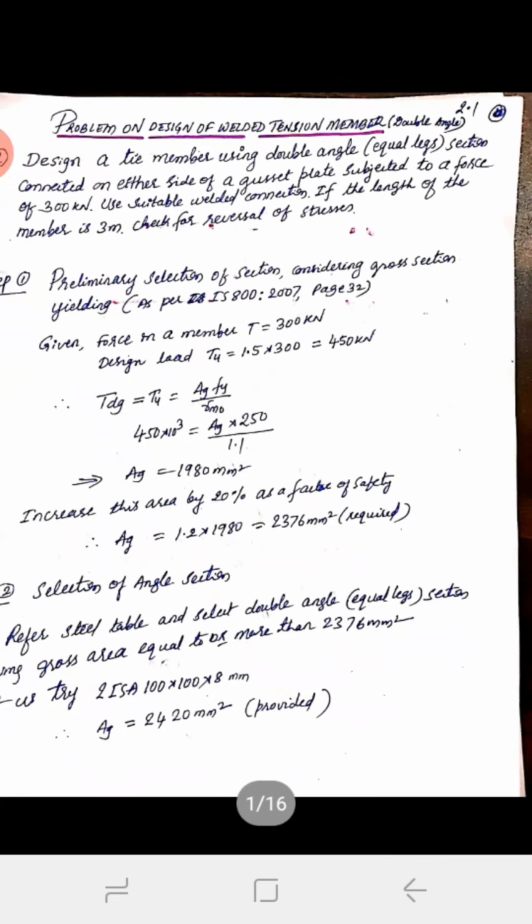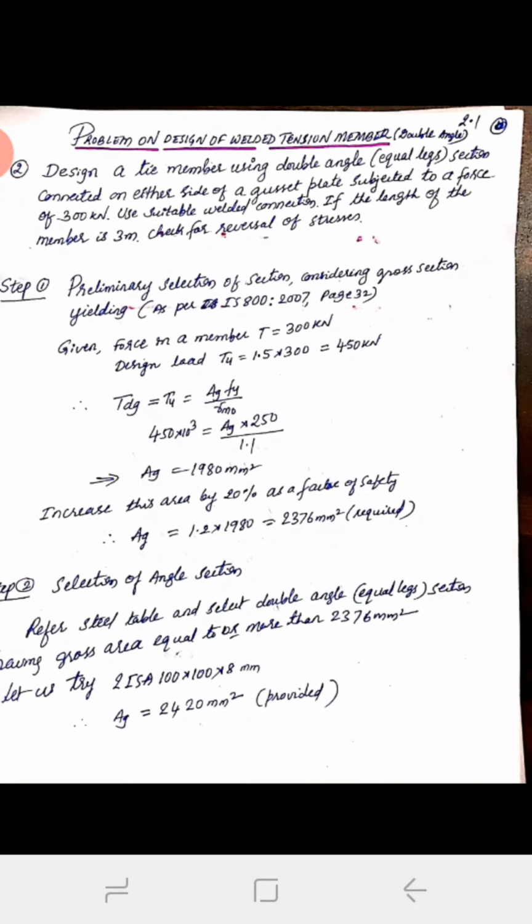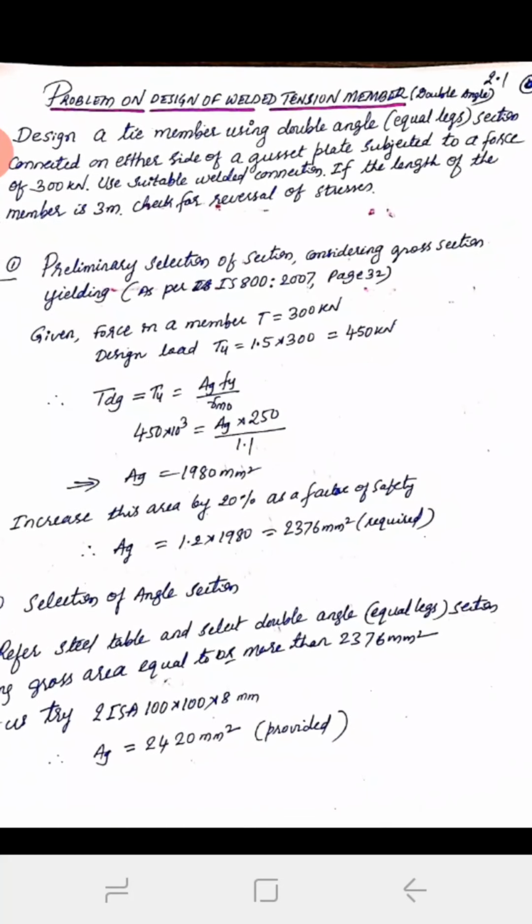Here they say design a tie member using a double angle, and they mention in brackets equal legs, meaning you have to select an equal angle, that too a double angle section, connected on either side of a gusset plate, subjected to a force of 300 kilonewton. Use suitable welded connection. If the length of the member is 3 meter, check for reversal of stresses.